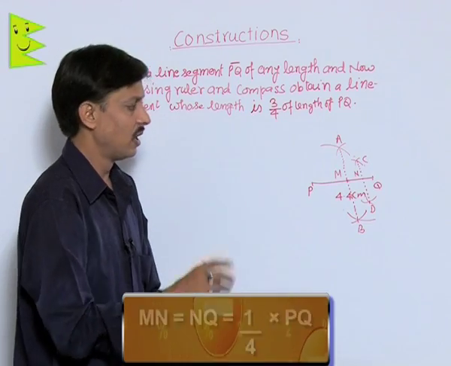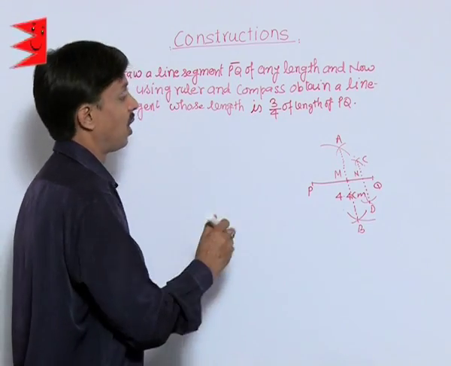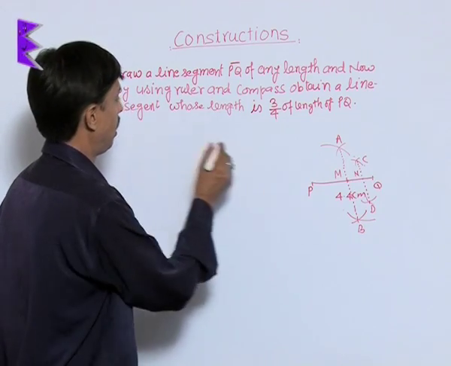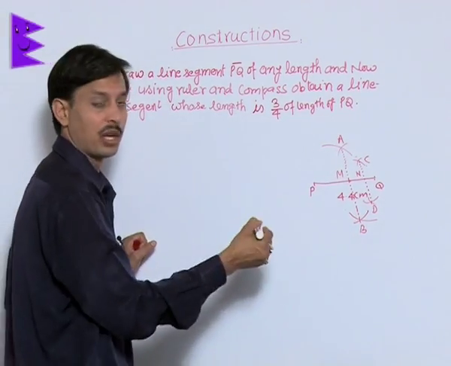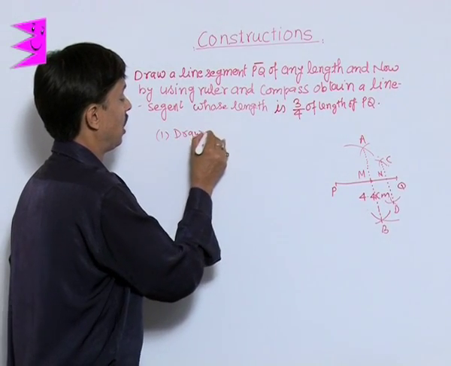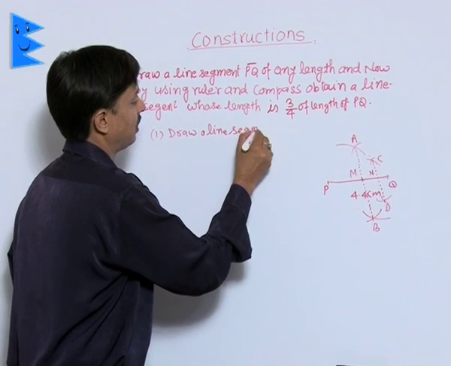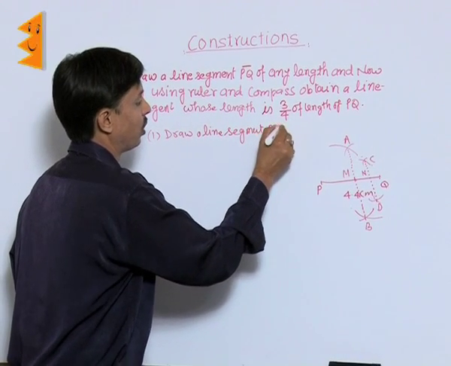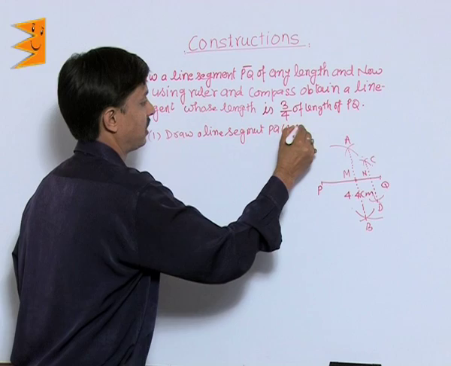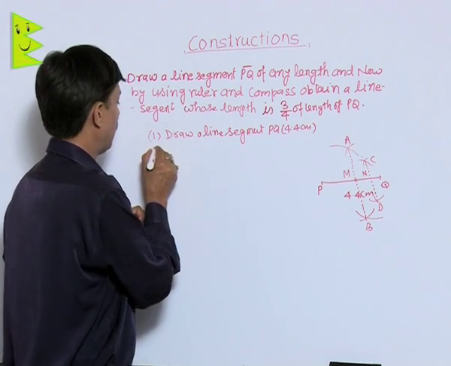Is it clear? I am repeating it. First, what have you done? First of all, we have drawn line segment PQ. First step, draw a line segment PQ of length, as I have taken, 4.4 centimeter.